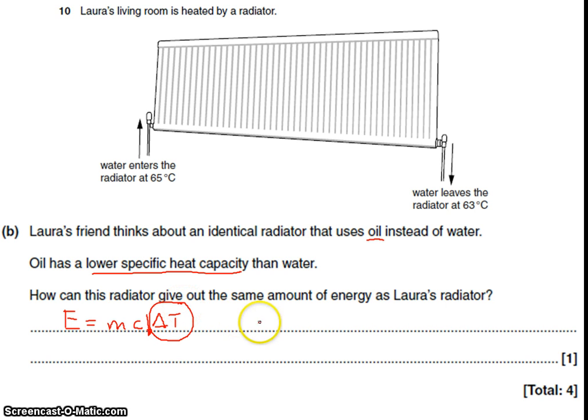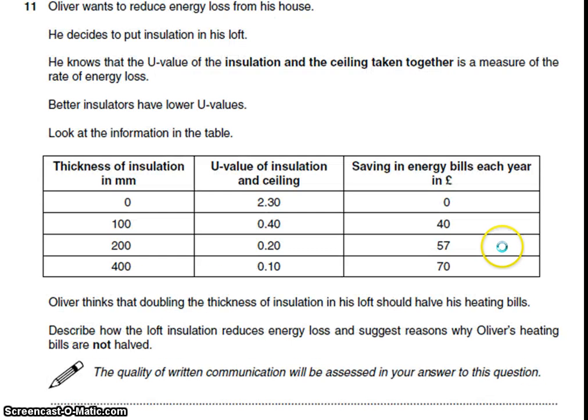So we have to say that the oil entering would either need to be at a higher temperature, so for example 67 degrees, or that it's flowing through the radiator faster, so that it transfers more heat energy, or that you could simply say that the temperature difference is greater between entering and leaving the radiator. 1 mark.